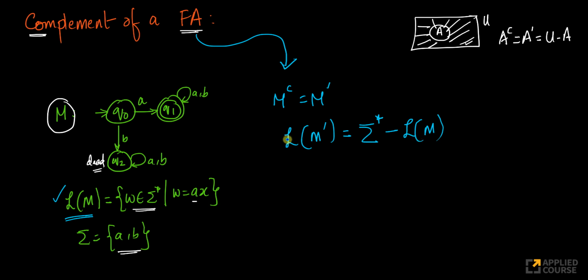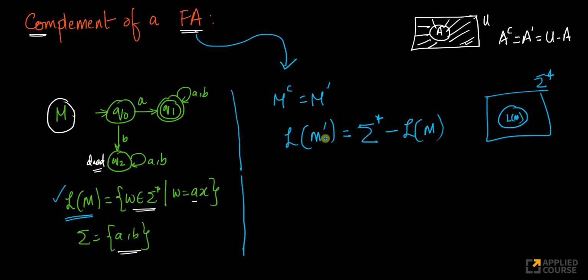If you think about this, if this is your set sigma star, which is your universal language, and this is the set LM, the set of all the words accepted by machine M, then I can define the language accepted by the complement of M. The complement of M, which is called M dash, is sigma star minus LM. Right? I hope this is clear.